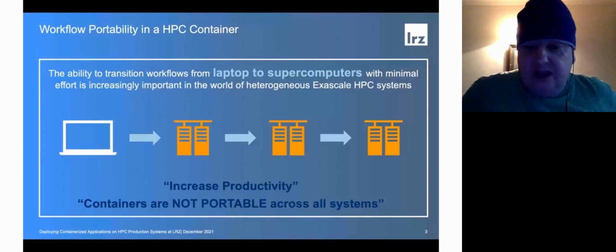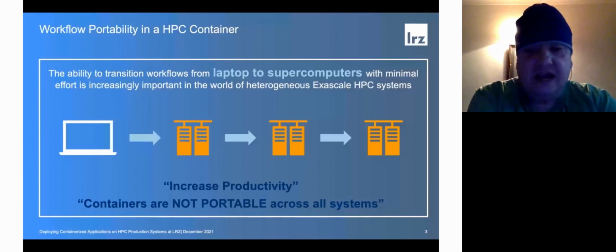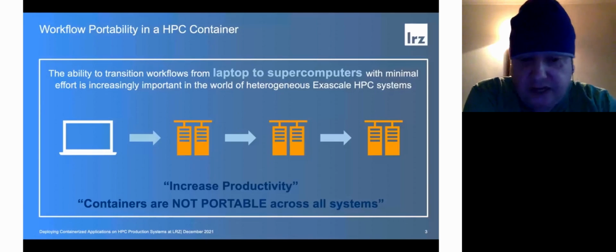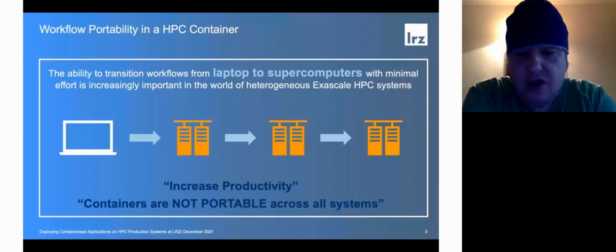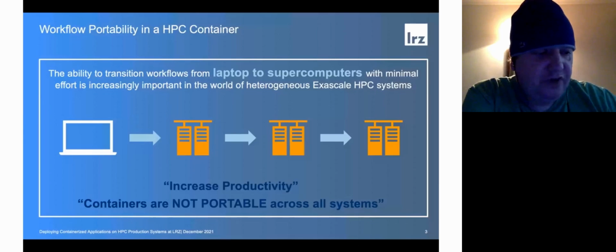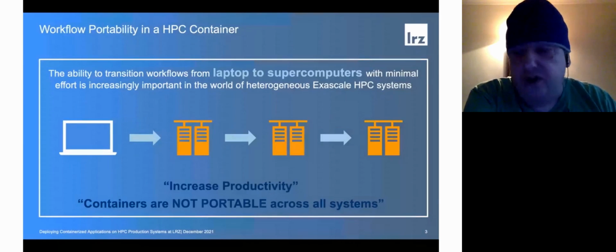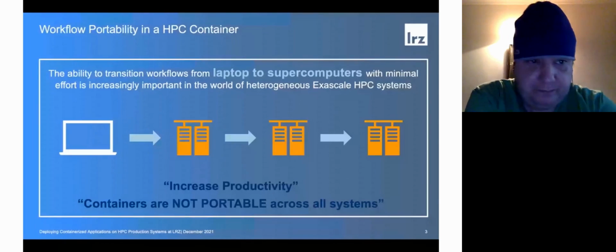That container is not going to work for you. So it's something to be aware of when you're moving, that you have the flexibility to easily transition your CPU workflows to your GPU workflows, or to some other third party or different accelerator.